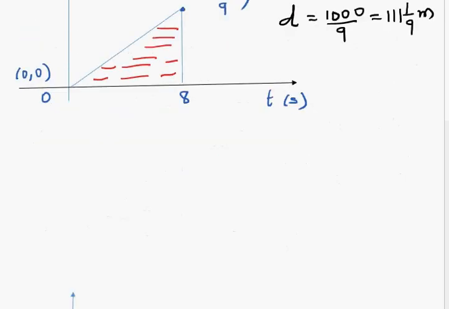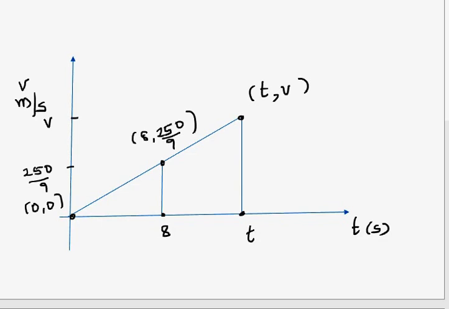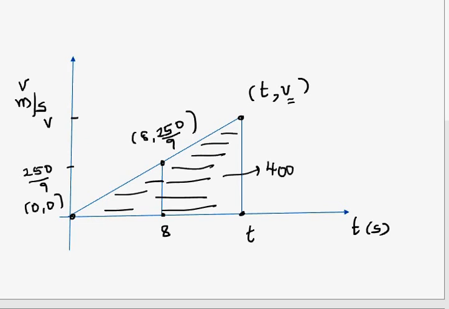Looking at this diagram, the car started with a speed of 0 meters per second when time was 0. In 8 seconds it attained the speed of 250 on 9, and we want to find what this velocity is when the area under this triangle is 400 meters.